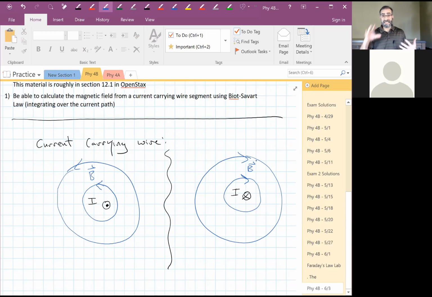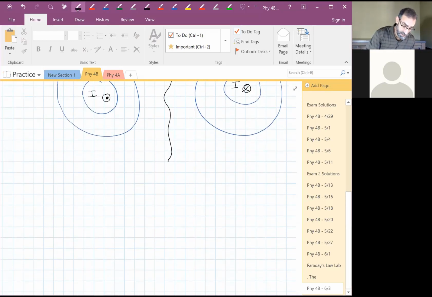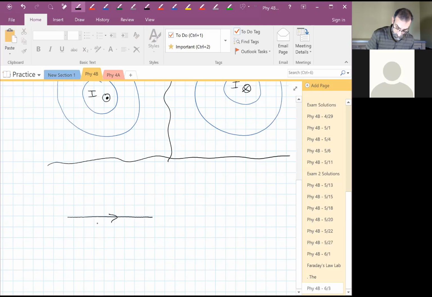Now let's shift this whole thing by 90 degrees and look at the wire from the side. So we want to draw the magnetic field in the plane of the page, at least. Let's not worry about 3 dimensions. In the plane of the page, what's the magnetic field doing? Can you draw that in?